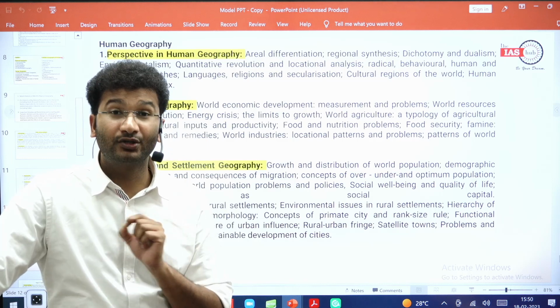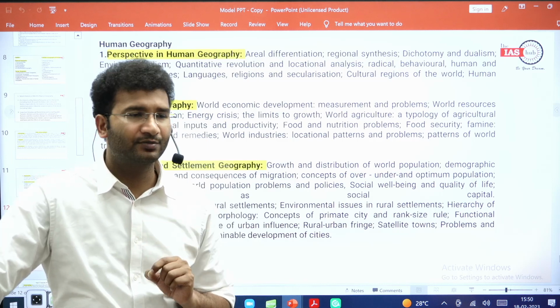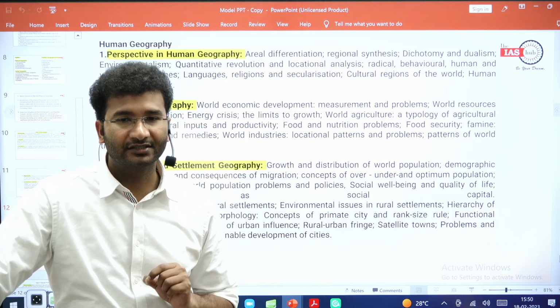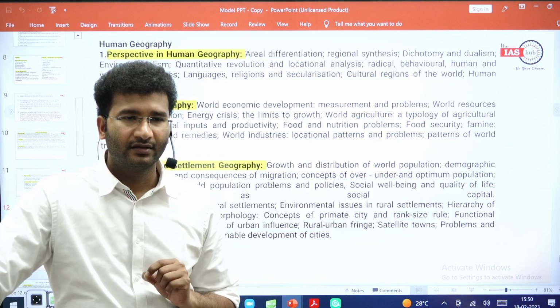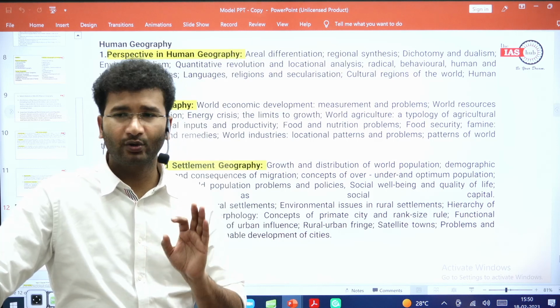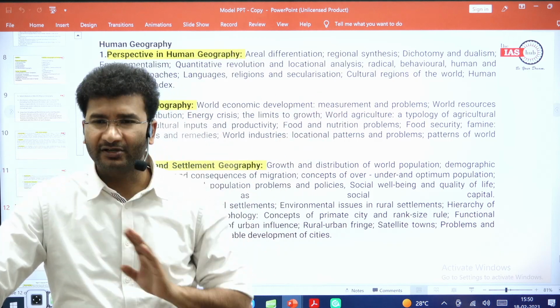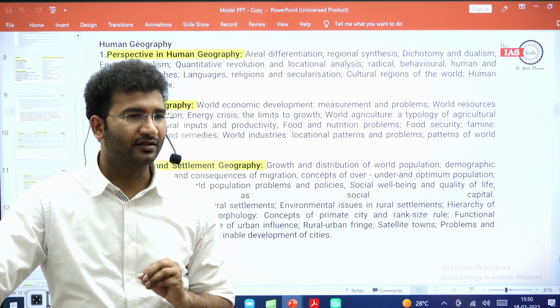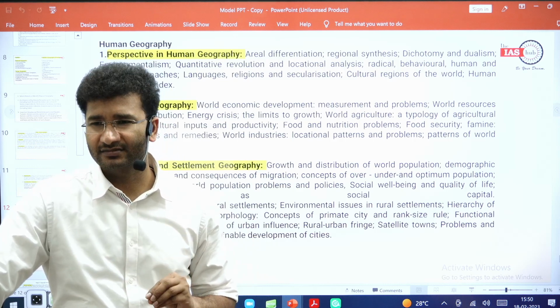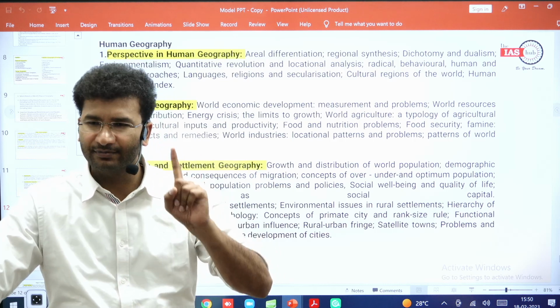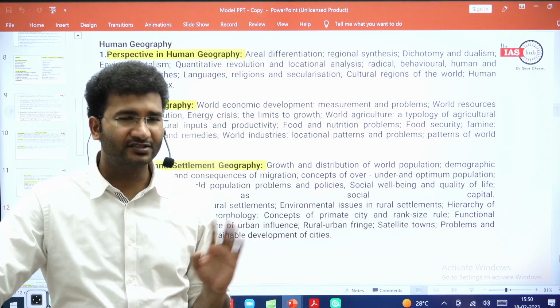Because there is no ambiguity in the geography optional papers or questions. Usually when there are more thinkers in a particular subject, they think about a lot of different perspectives. But in geography optional, you have limited thinkers. Only one chapter has thinkers. The rest of the chapters do not.